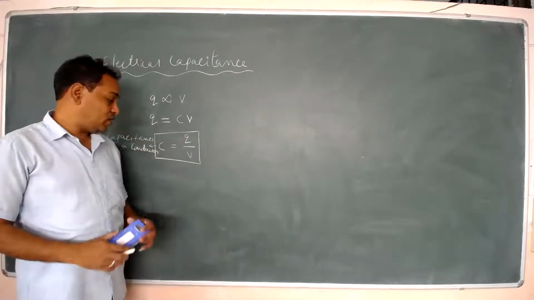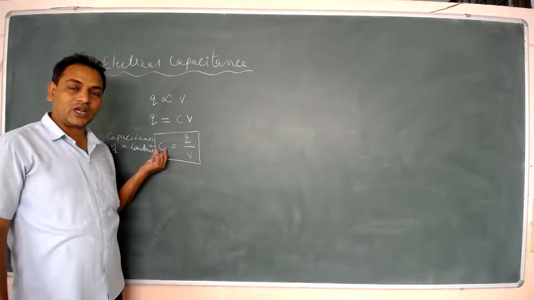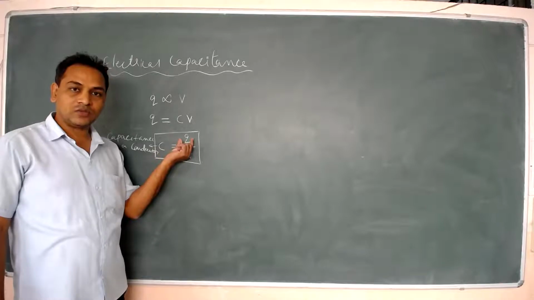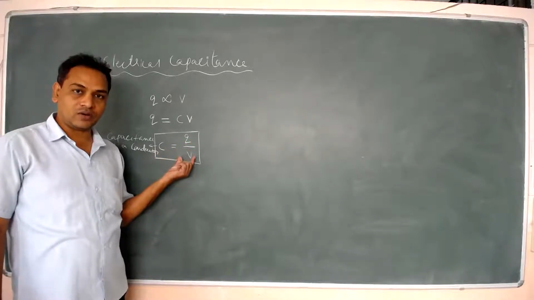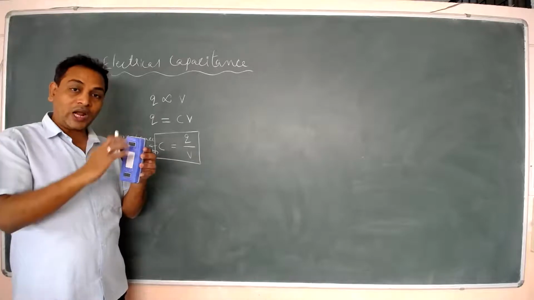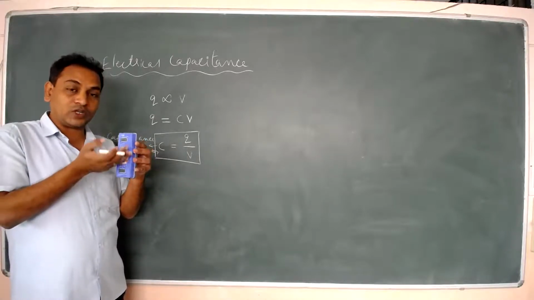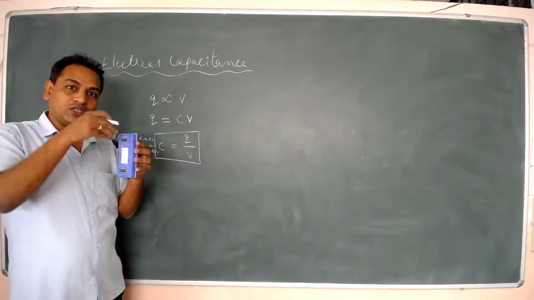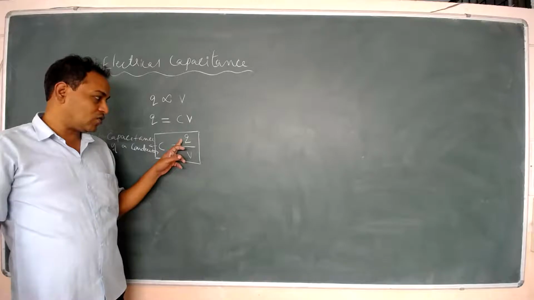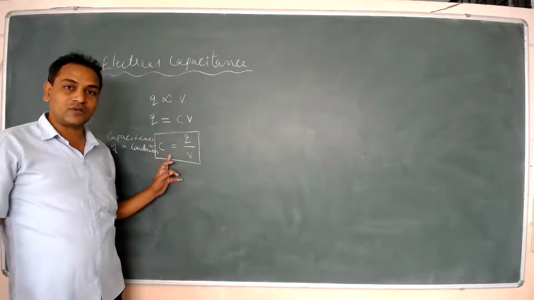So how do we define the capacitance of a conductor? Capacitance of a conductor is the ratio of the charge to its potential. The amount of charge given to the conductor and how much potential it has raised. The charge given divided by the potential rise gives the capacitance value.